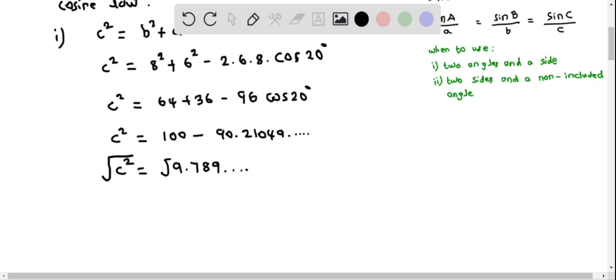When we take the square root, we get 3.12, or approximately we could consider this as 3. But for our other calculation purposes, we will consider this as 3.13, if you round it to two decimal places.